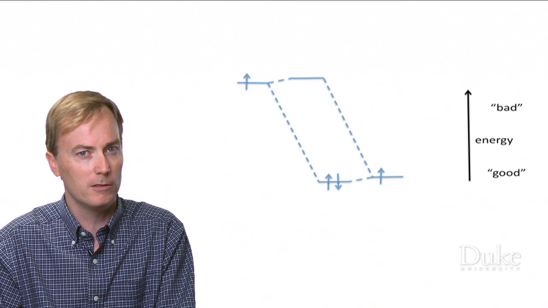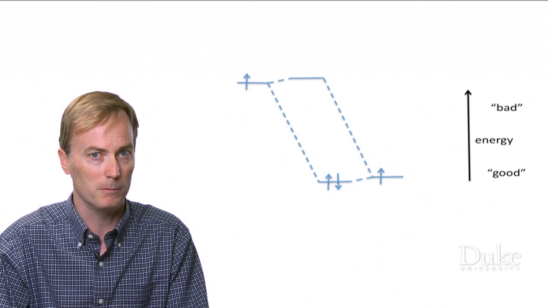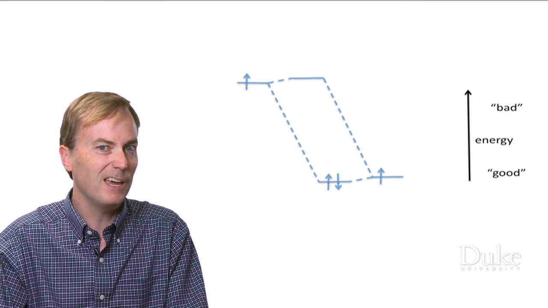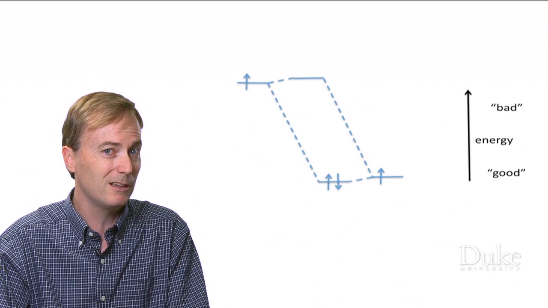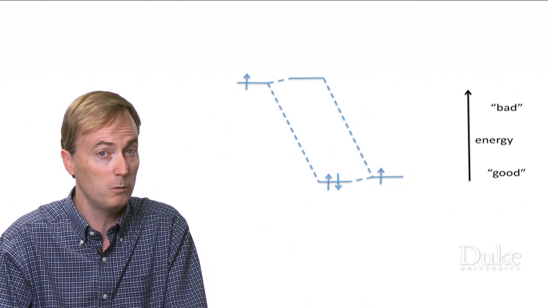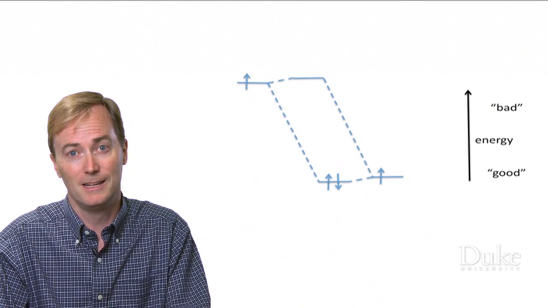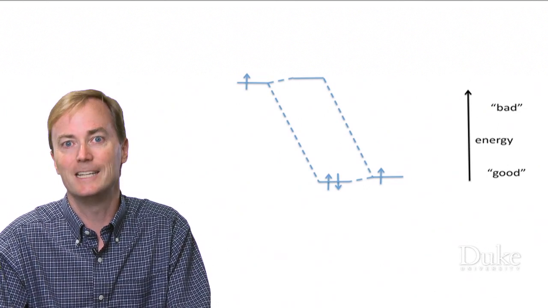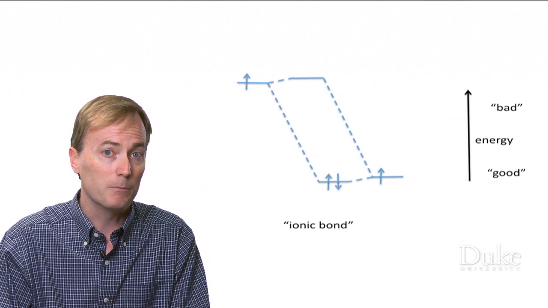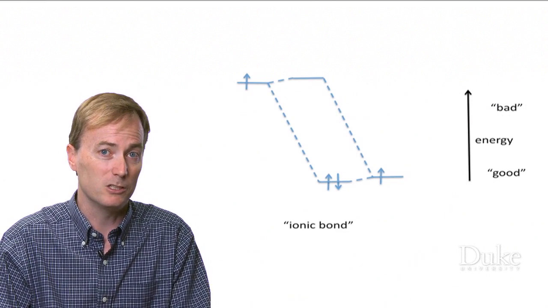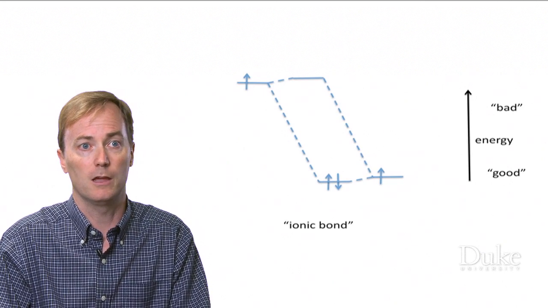Your stuff's a lot better than your friend's, and the lousy room pretty much looks like your friend's old apartment. What this means, in effect, is that it's like your friend is now spending all of his or her time in what used to be your apartment. Your friend has essentially transferred his electron density from his apartment to yours. And this is an ionic bond, right? You can think about this as being the transfer of electron density from one nucleus to the other.